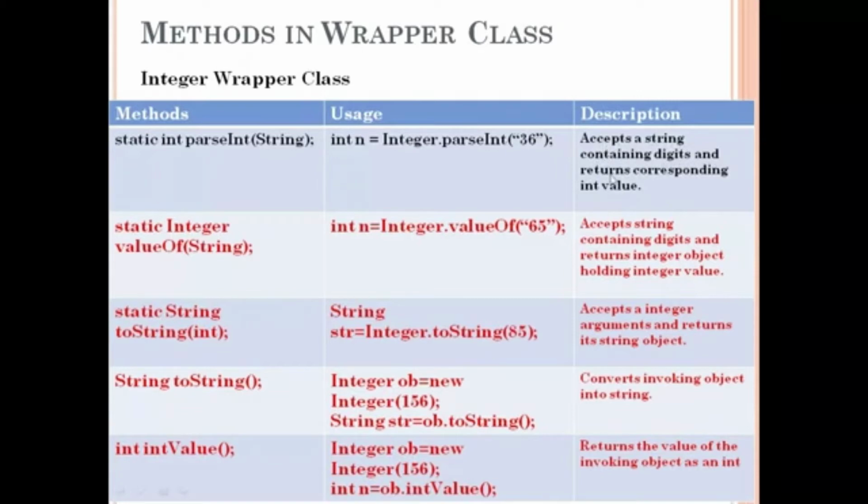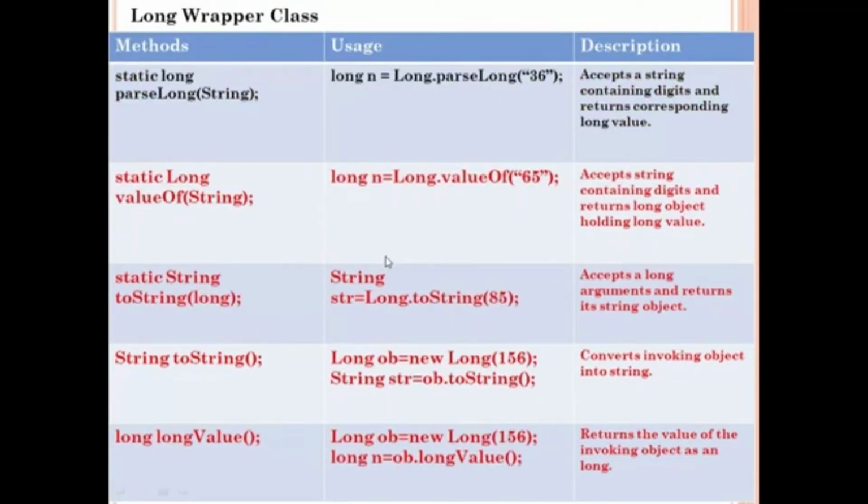Next one is Long wrapper class. Long wrapper class is the same as the Integer wrapper class. Here the same is static long parseLong(String). Here also it will return it in the form of a long value.